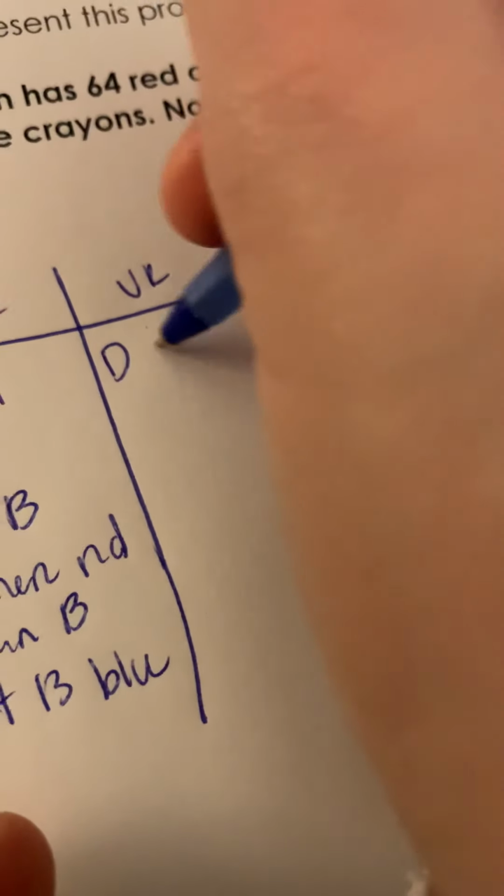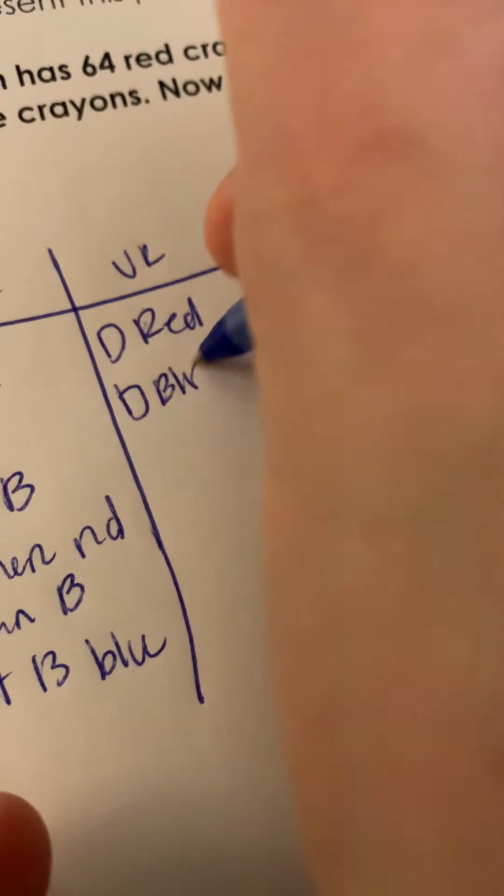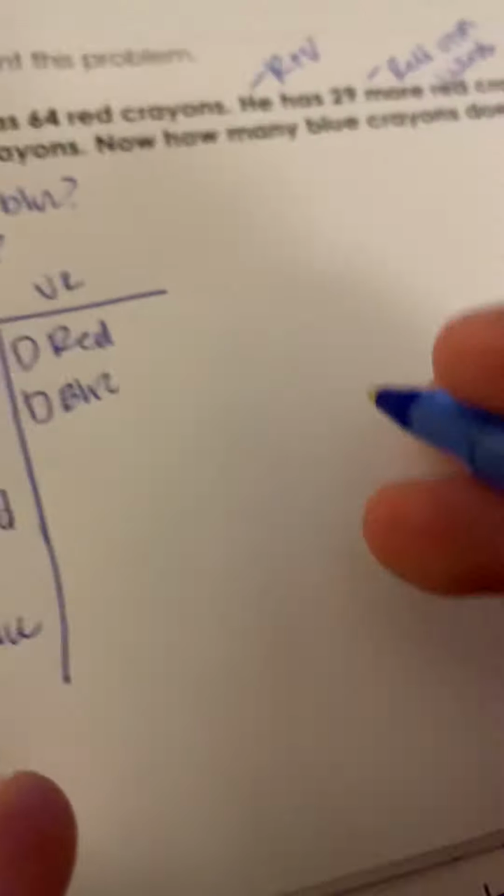So we need to know red. We need to know blue. We need to know both, yeah. So then the big problem is total blue. Little problem is red. So step 1, step 2, step 3.